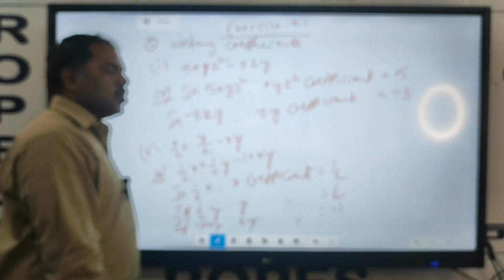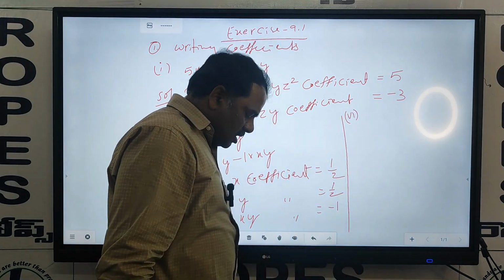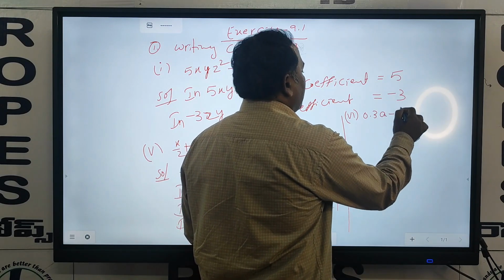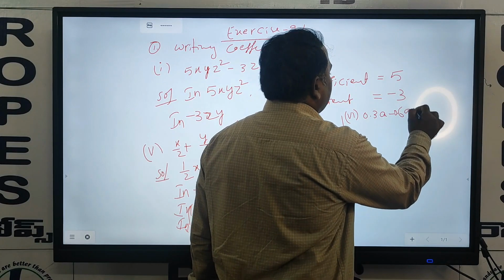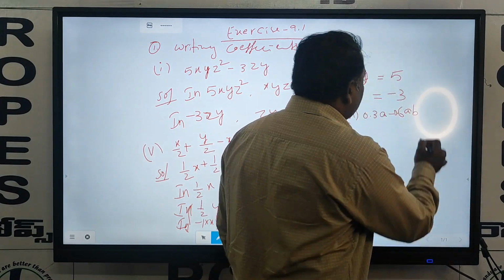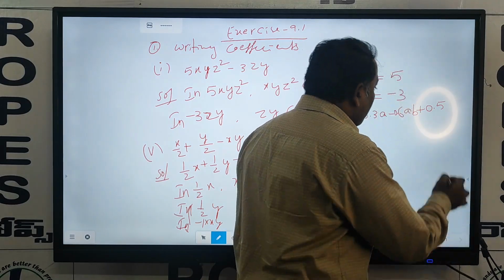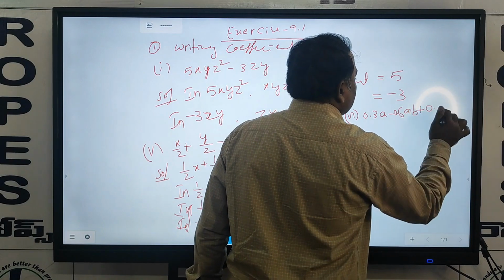Okay, now this is the method how to write. And in this one, sixth one, see, 0.3a minus 0.6ab and 0.5b they given.